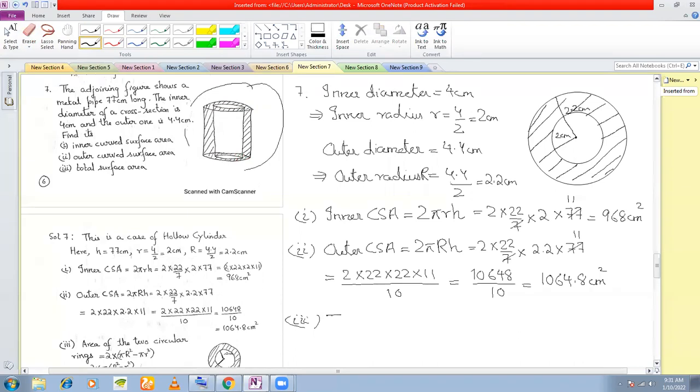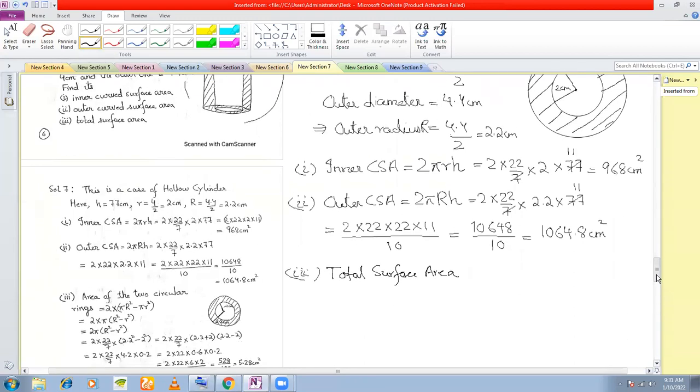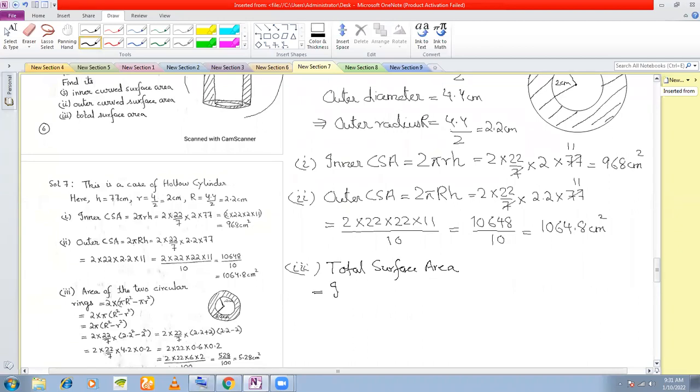So total surface area is the inner curved surface area plus the outer curved surface area plus area of the two circular rings, right?